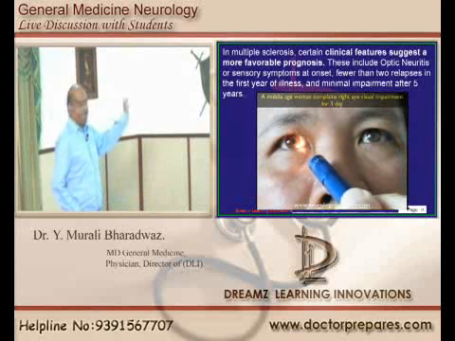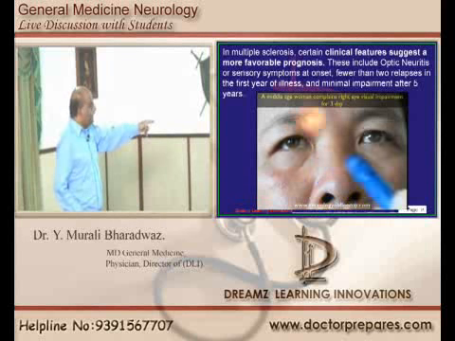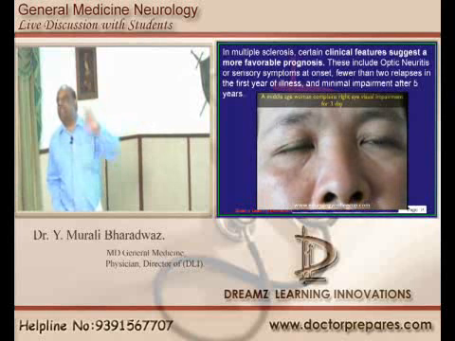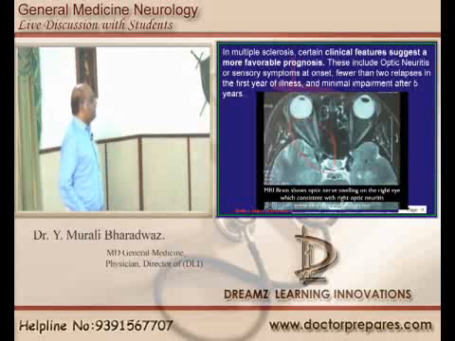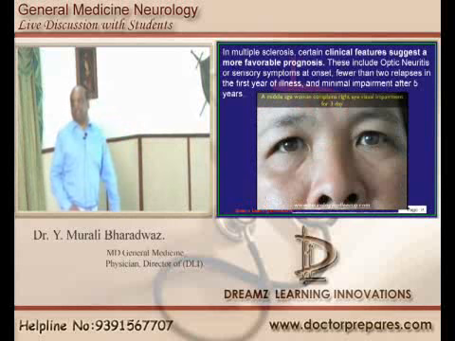In this visually impaired eye, when the light is thrown, normally miosis occurs, but it is not occurring. It's called an afferent pupillary defect, which is typically seen whenever there is optic neuritis. So I just wanted to show you that this patient had optic neuritis.